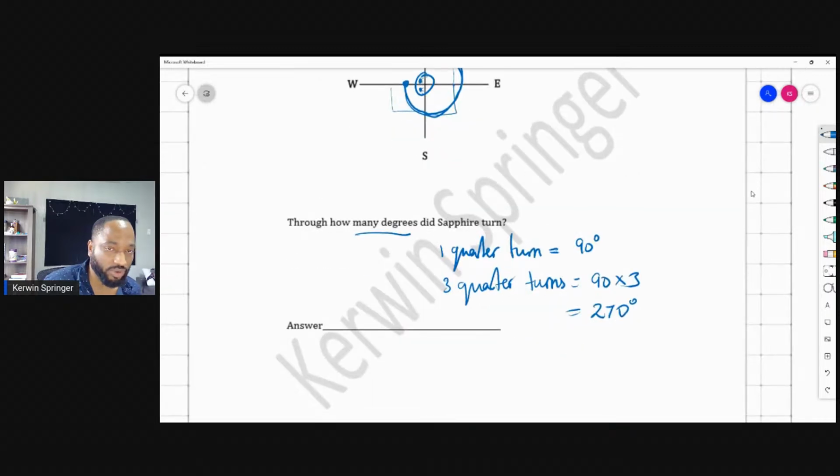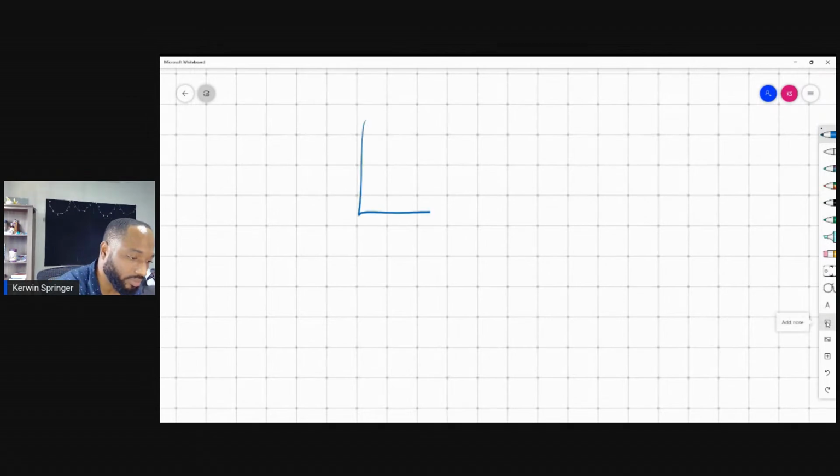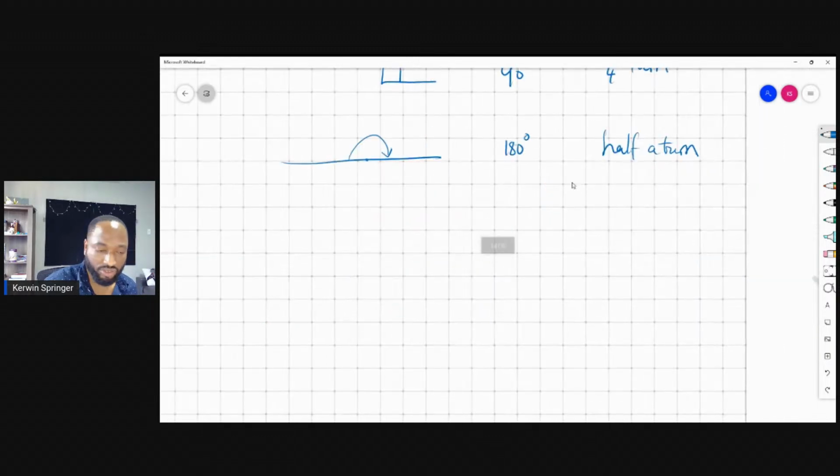We went through this in one of the Sunday sessions already, so let's just recap it real fast. A quarter turn is also called 90 degrees. This is 180 degrees, and we call that half a turn. And 270 degrees would be a 3/4 turn.